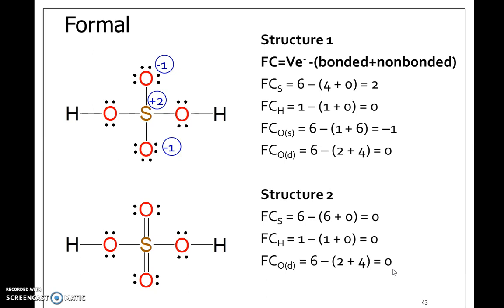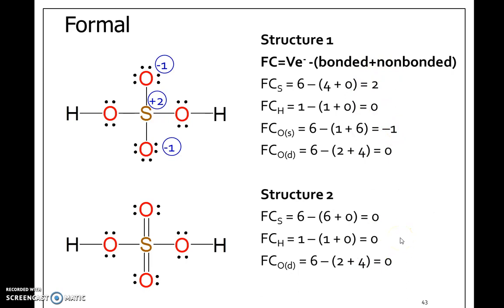And the bonds and the structures that create the lowest amount of formal charges is more stable. So you can see that here we have a formal charge of -1, formal charge of +2. Here everything is 0, which means it's more stable.